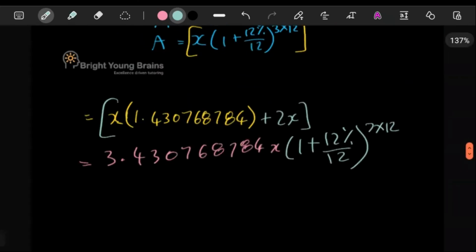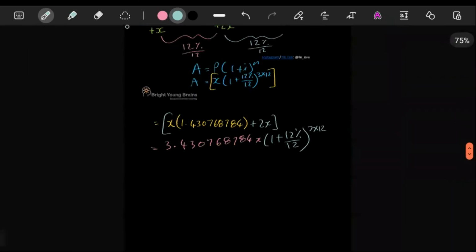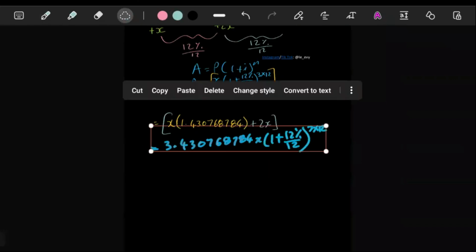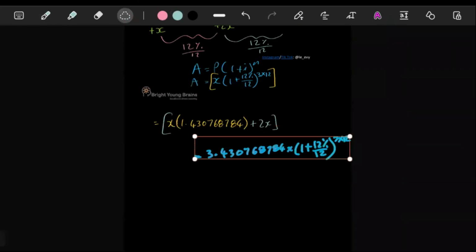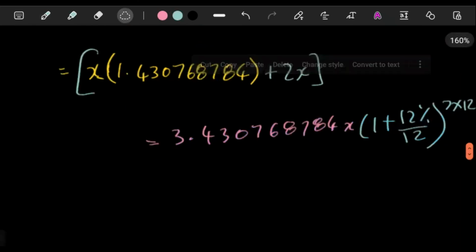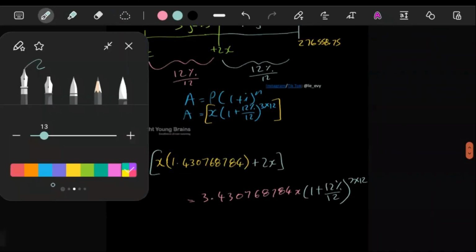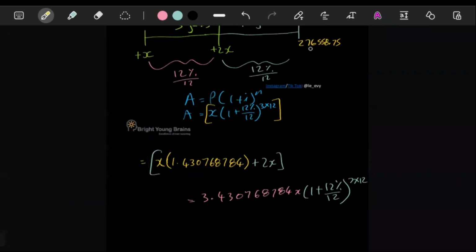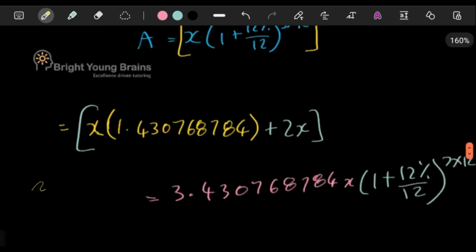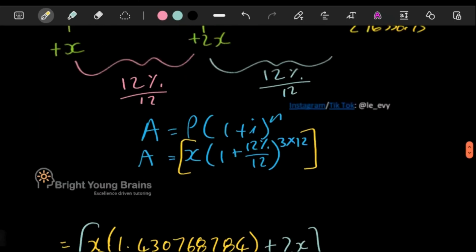What they've told us about this money sitting for 7 years is that it is going to accumulate to 276,558.75. So this is equal to 276,558.75.